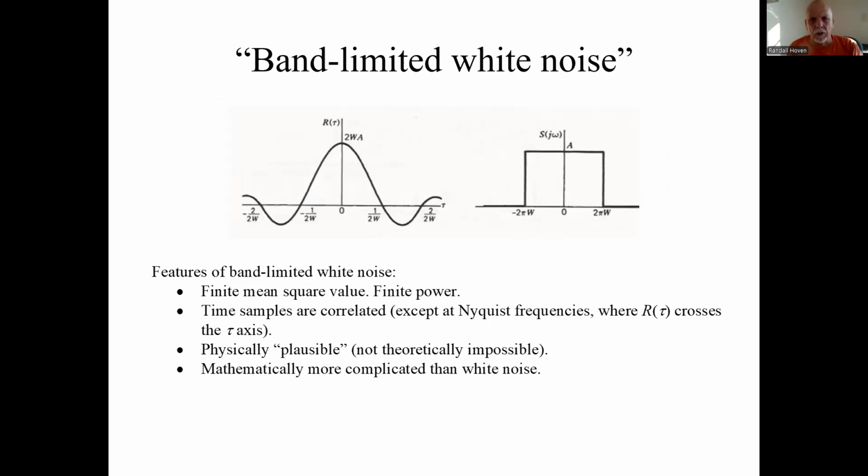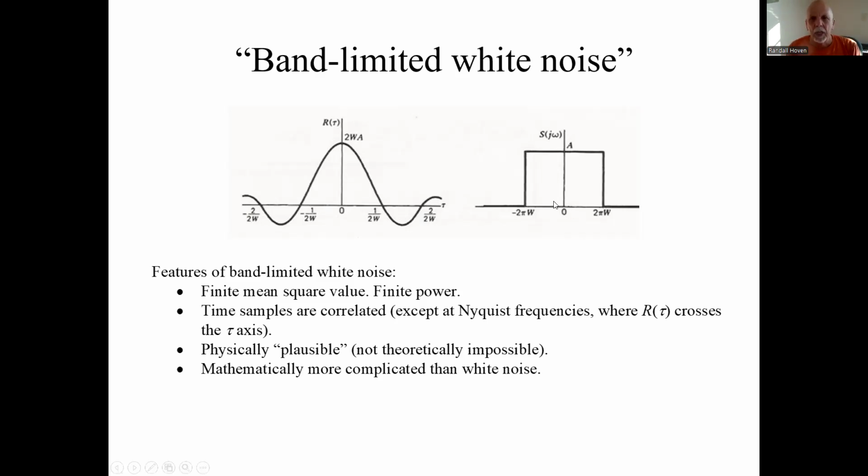Band limited white noise just means it's flat over some frequency band. What happens is, if what you're interested in is much narrower than that band, you model it as white noise because the band is well outside your operating limits.